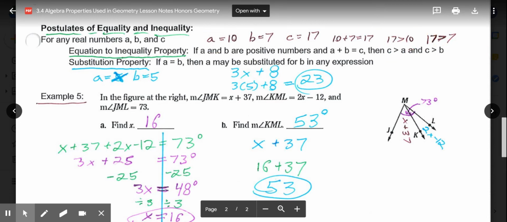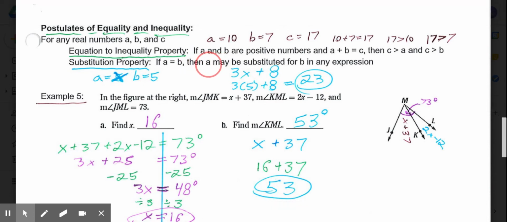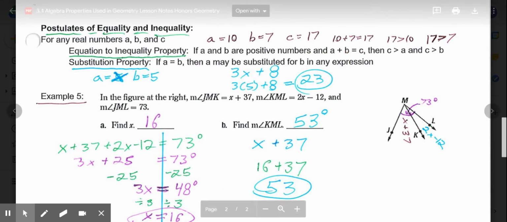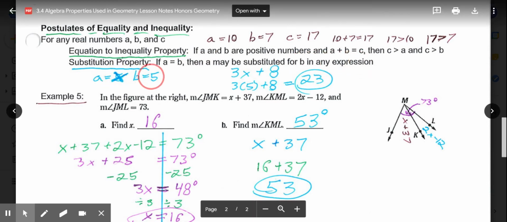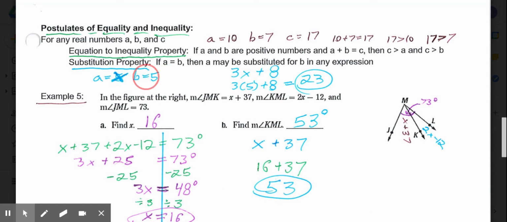The substitution property says if a equals b, then a may be substituted for b in any expression. So if a was x and b was 5, but a and b were equal, we could substitute that 5 in place of a or x.